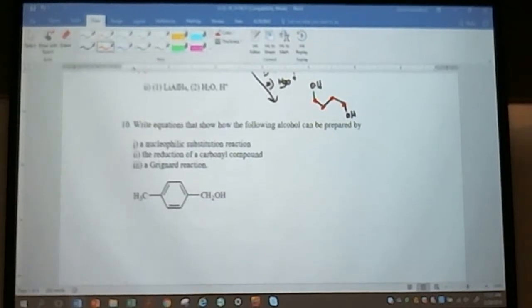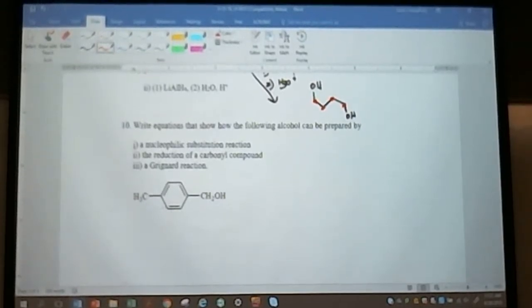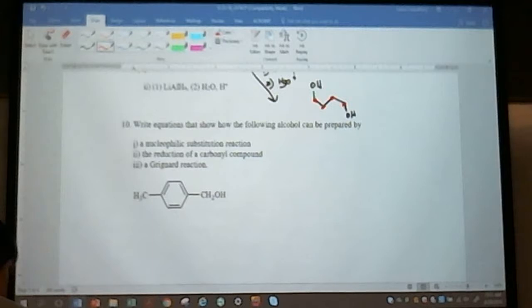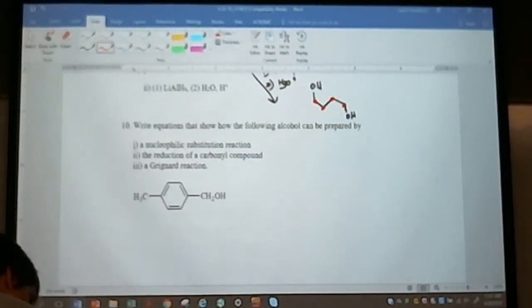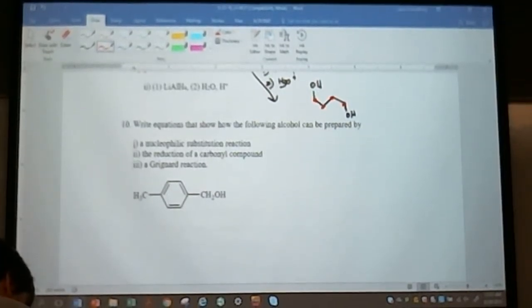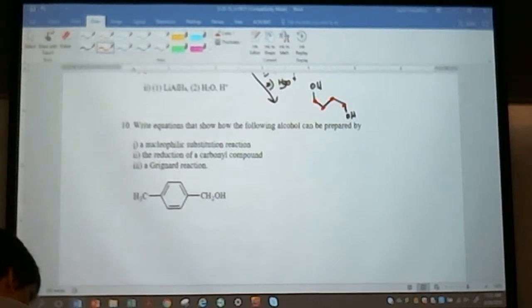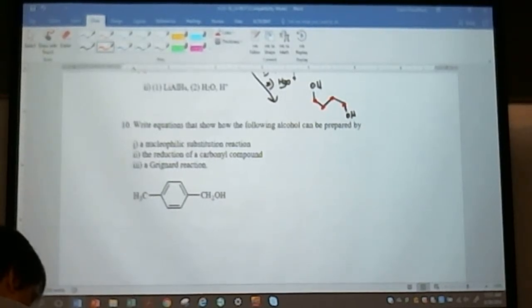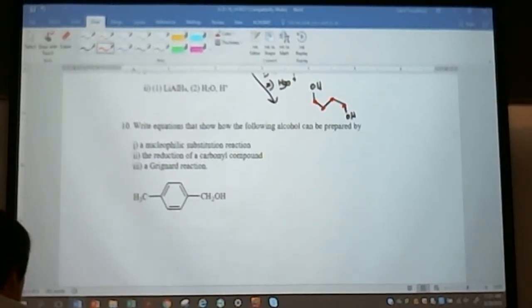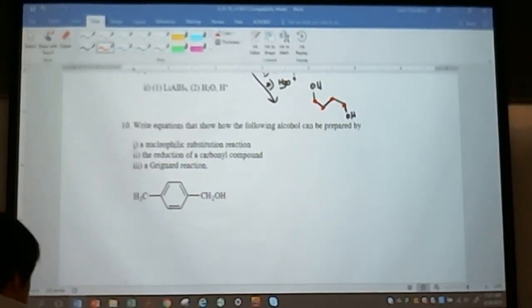Okay, so I'm trying to make this alcohol by 3 different methods. So I'm asking for the same molecule, made 3 different ways. For the first, you can start from any substrate that you want, but I want you to make this alcohol as a product using a nucleophilic substitution reaction, an SN2 reaction.